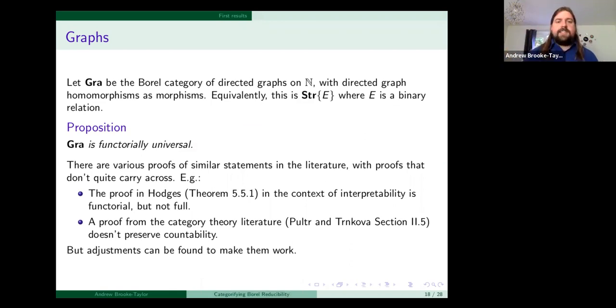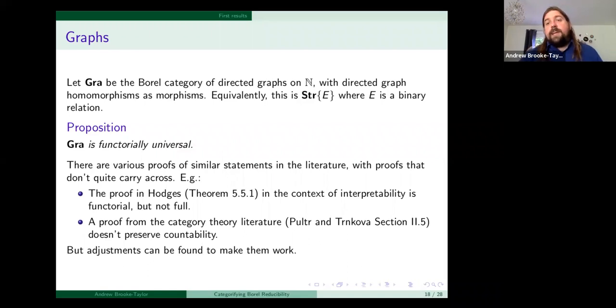So as I said, in different similar kinds of frameworks around the literature, there are different proofs appropriate to it. But when we were looking at this, none of the proofs that we found really carried across immediately. In the model theory setting, you've got this context of interpretability, and there's an analogous proof in Hodges.